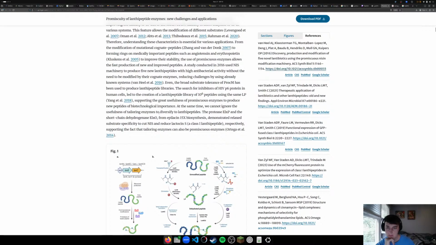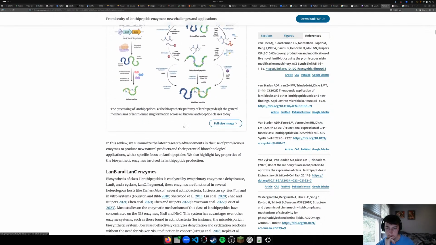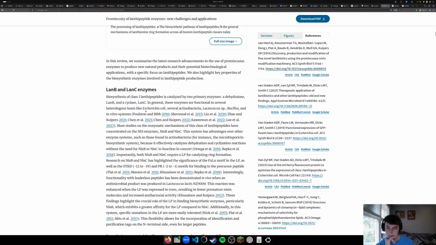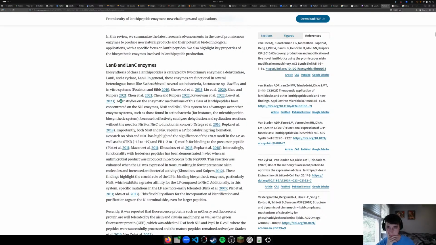Can I ignore tailoring enzymes to diversify the peptides? Catalysis without the need for an enzyme to function in concert.